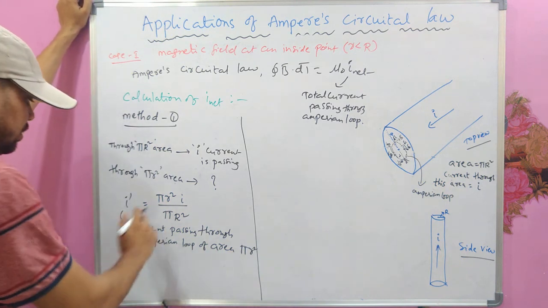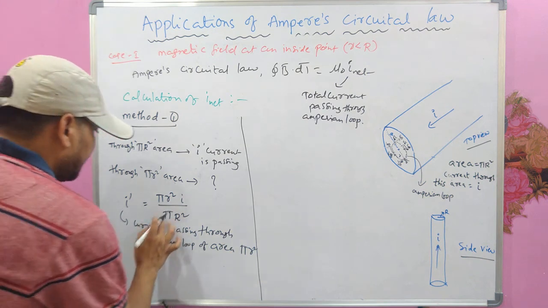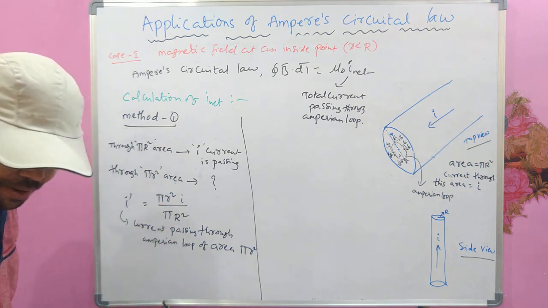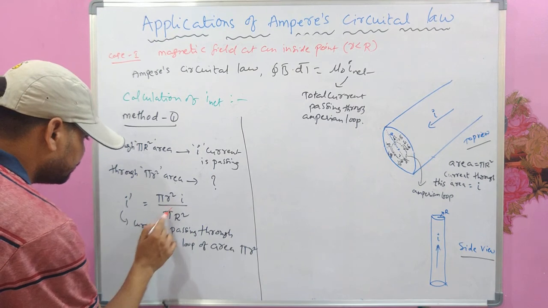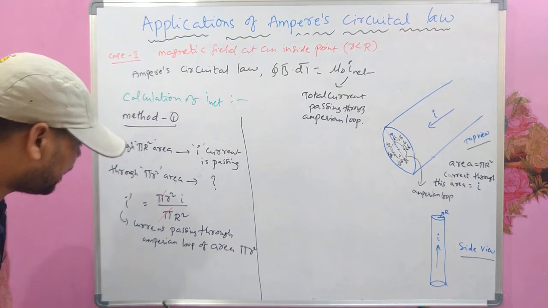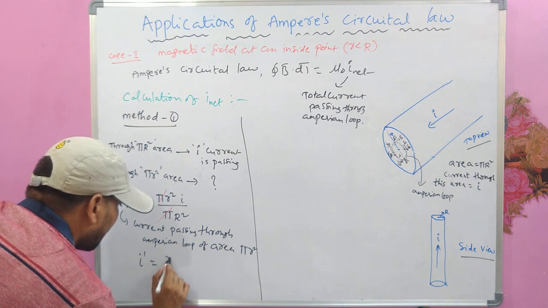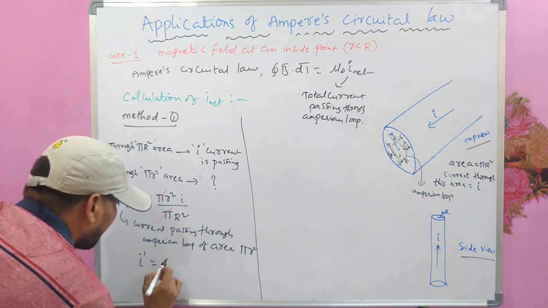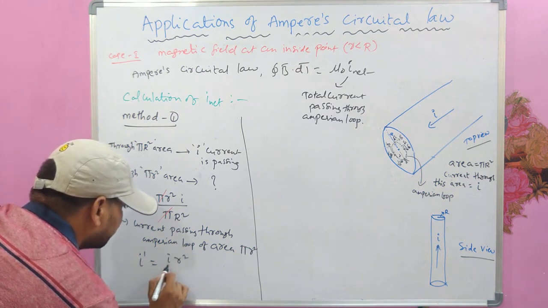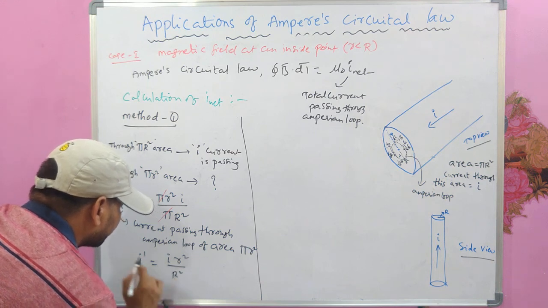Okay, so if you cancel this pi and pi, what do we get? I prime is equal to I r square by R square.